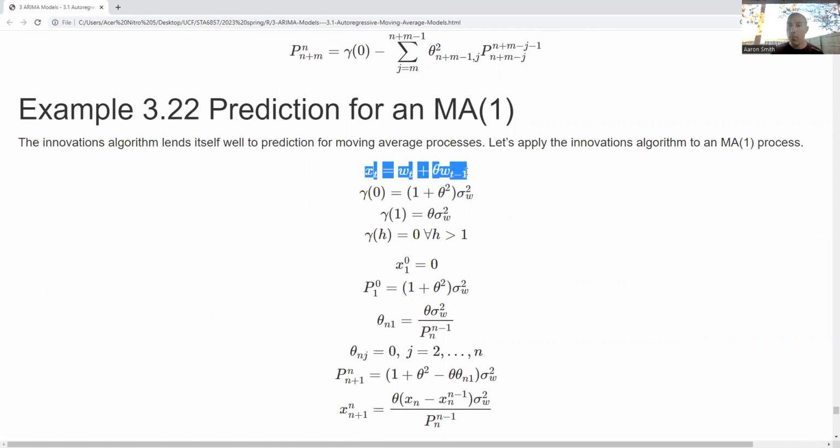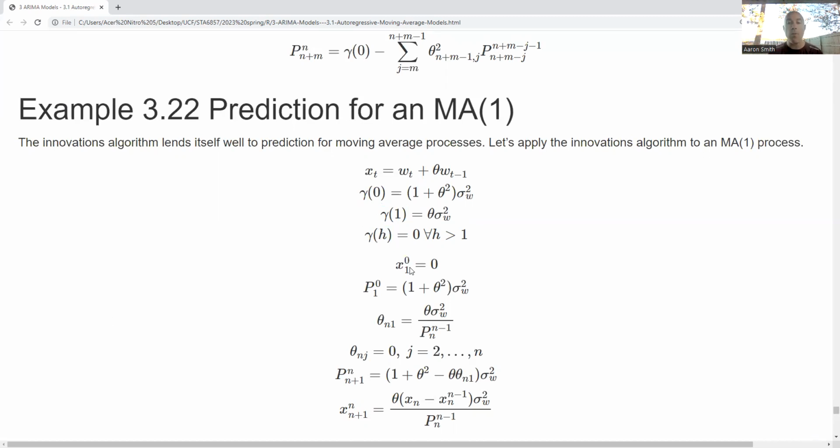I know from several videos back what the variance of the process is going to be. Here is my autocovariance at lag 1. In general, because this is an MA1 process, the autocovariance is going to be equal to 0 for lags greater than 1.